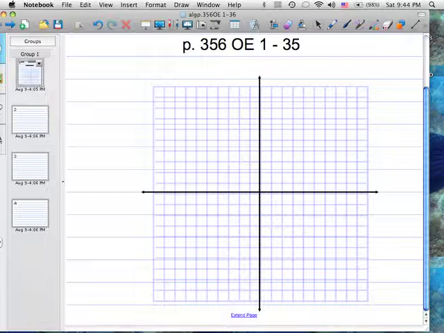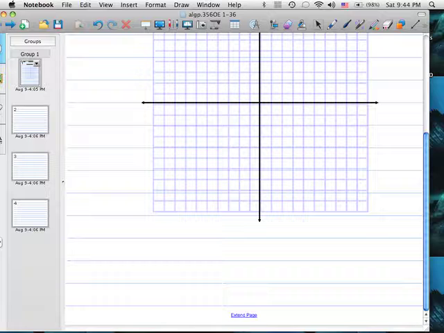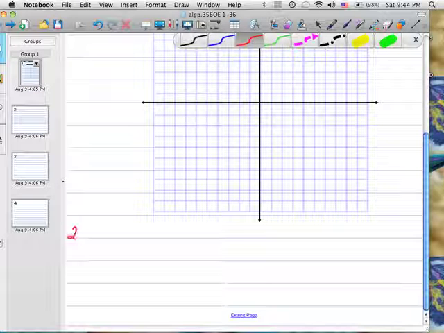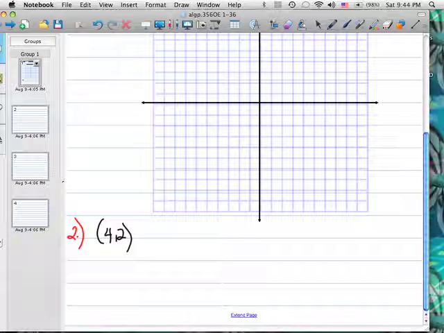So problem number 2, you have the ordered pair 4, 2. So that would be 4 to the right and 2 up.